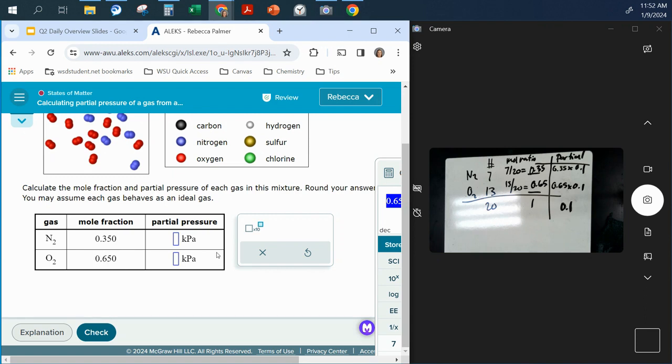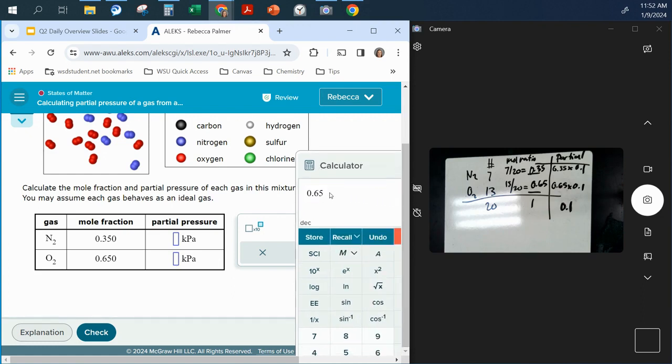And then my partial pressures, I'm going to do oxygen first, times 0.1. 0.065. Oh, that makes sense. And it should also have 3 sig figs, so I'm going to add a 0 at the end. So I can see what the pattern did, I'm just going to type it in, 0.035. These should add up to 0.1 because that's my total pressure. Check.